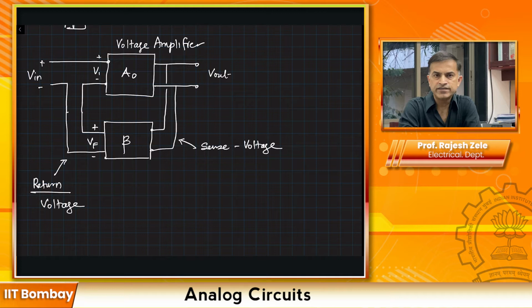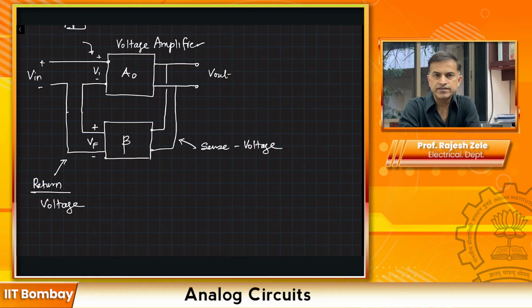We are sensing the output voltage and applying a beta feedback factor, and then the output voltage from the feedback block, Vf, is subtracted from the input voltage, Vin, to give the effective input voltage at the amplifier input. So clearly you can see we are sensing the output voltage, hence the first term voltage. The second term voltage comes from returning at the input, which is also voltage.